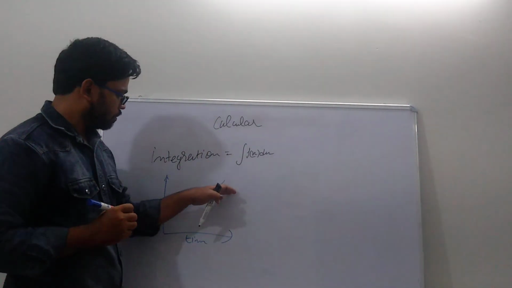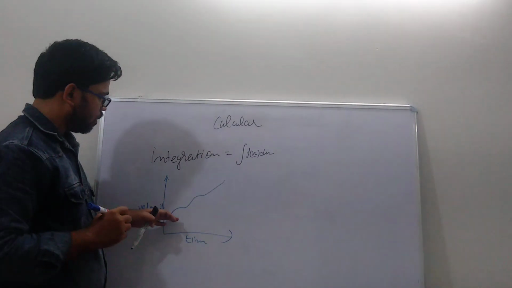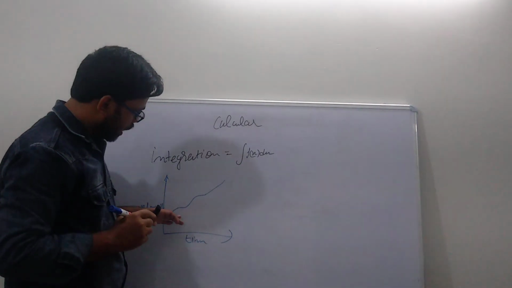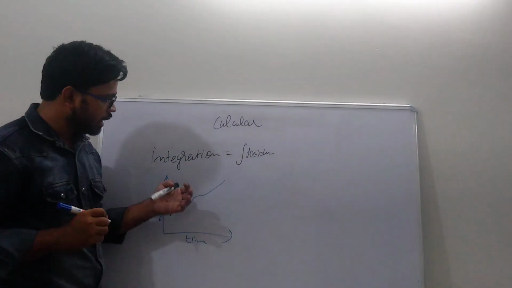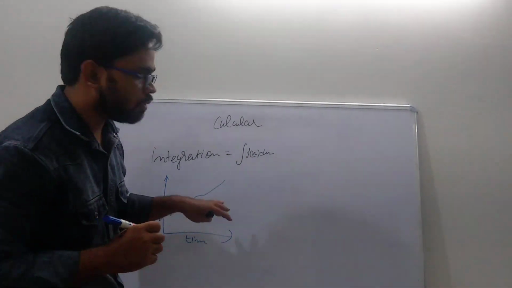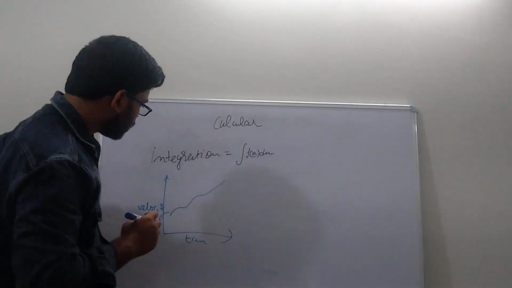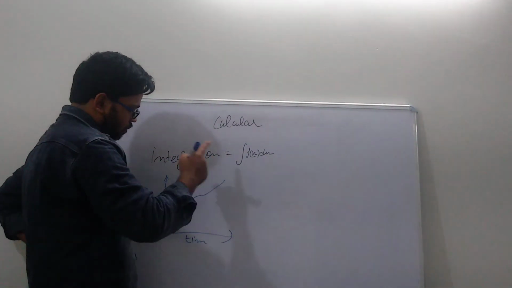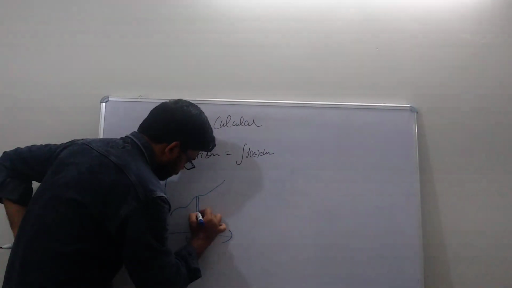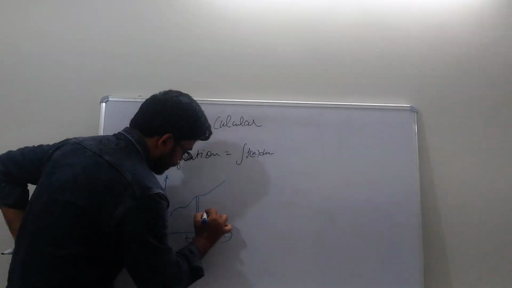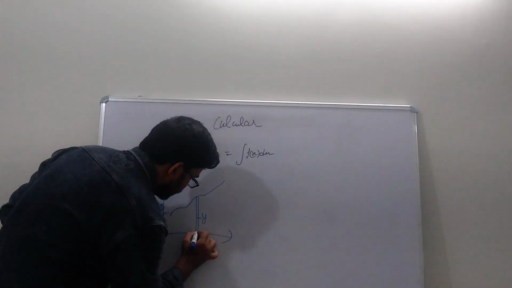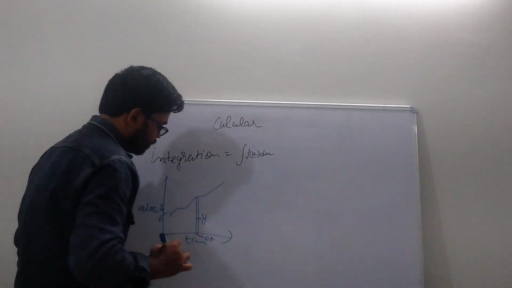Suppose a particle is moving with some velocity for time t, and we want to calculate the total displacement covered with this velocity. This graph is not very smooth, so we take a small area of height y, where y is the velocity, with a very small width dt.